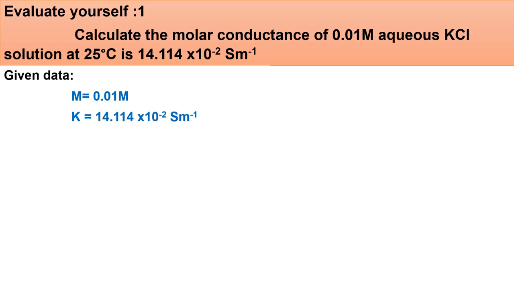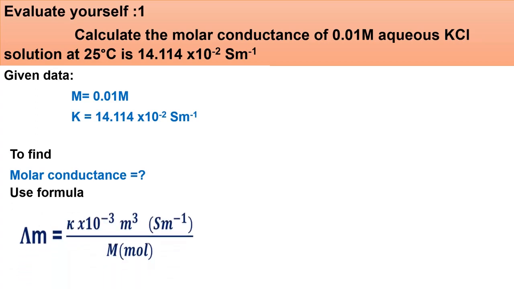Then to find the molar conductance, use the formula: lambda m is equal to kappa into 10 power minus 3 meter cube. The unit of kappa is Siemens meter inverse upon molarity, that is M in mole.